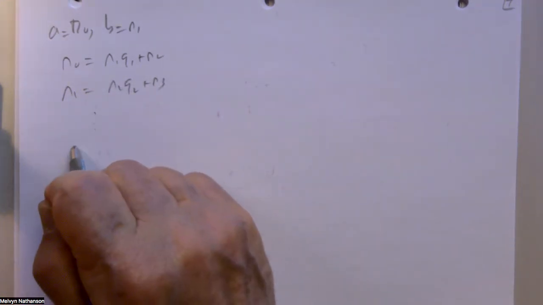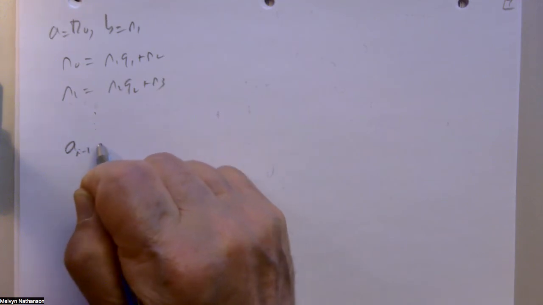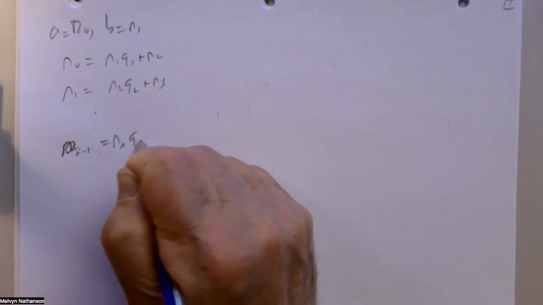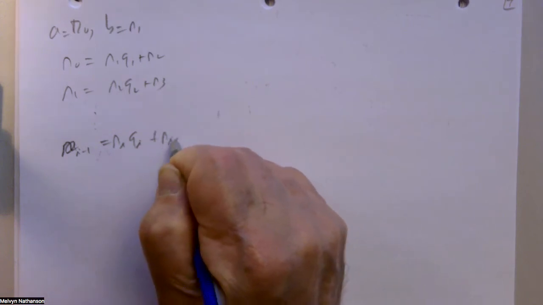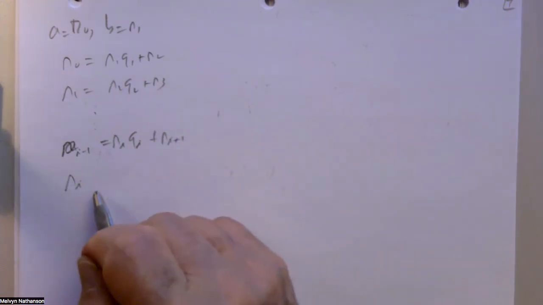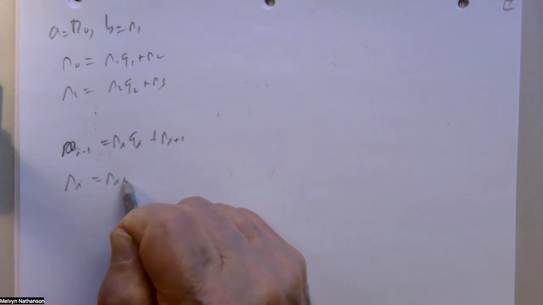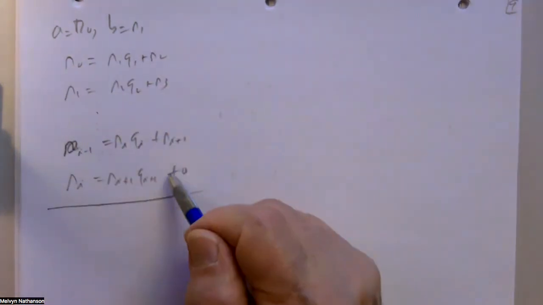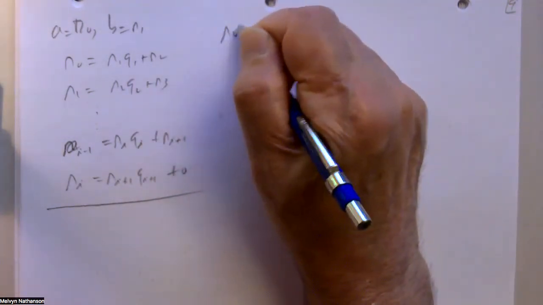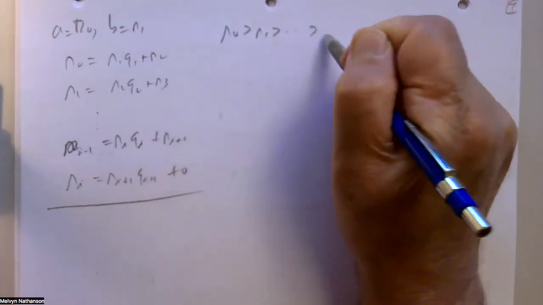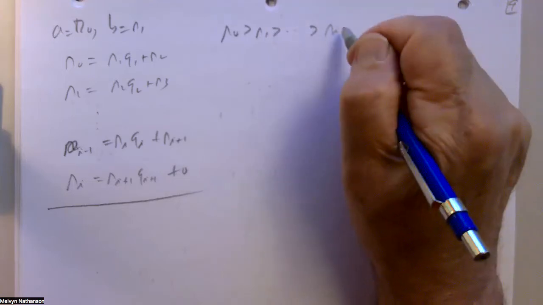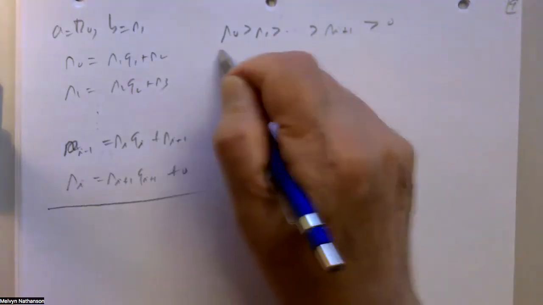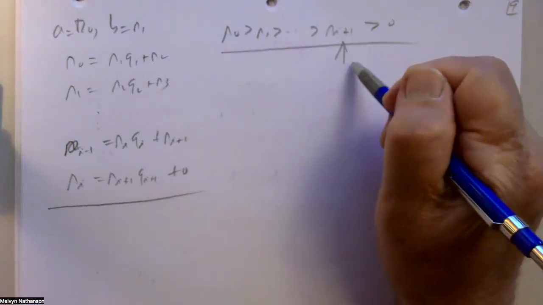Finally, you get to a step, R sub i minus 1 is Ri Qi plus R sub i plus 1. And R sub i equals R sub i plus 1 Q sub i plus 1 plus 0. And at some point, you hit 0 in your sequence of remainders, and your remainders are always getting smaller. And this is the GCD.